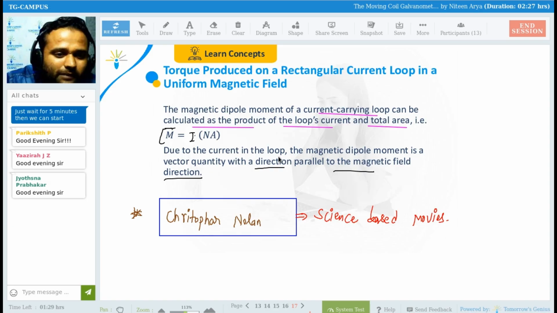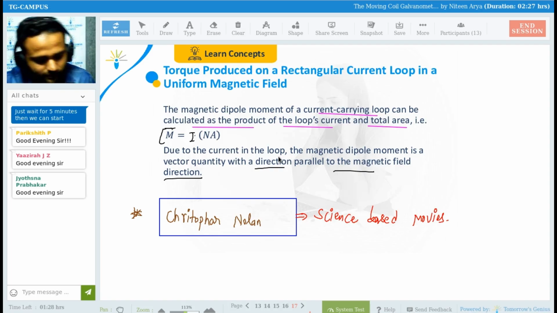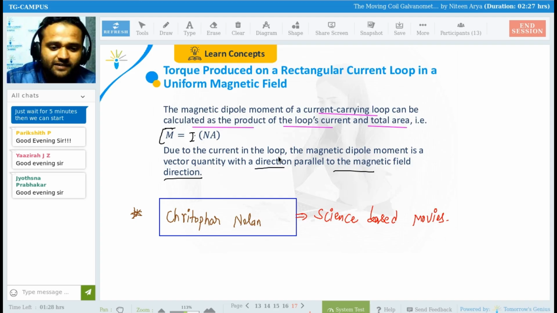The movie name is Oppenheimer. Wait for a while, beta. This is the exact name.